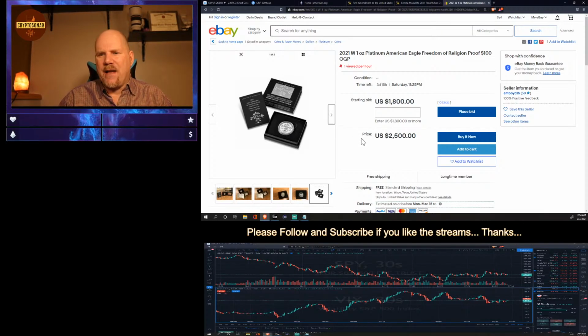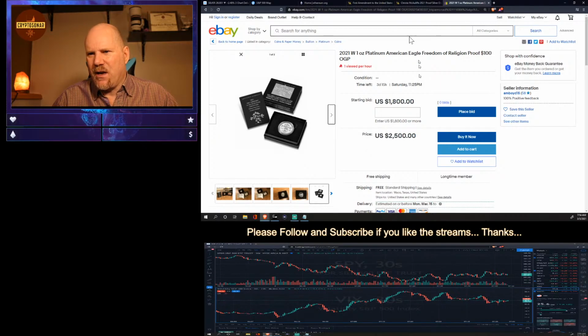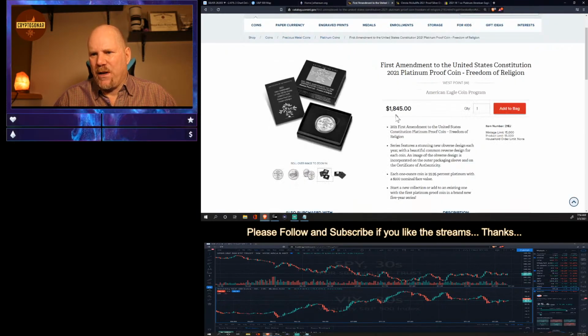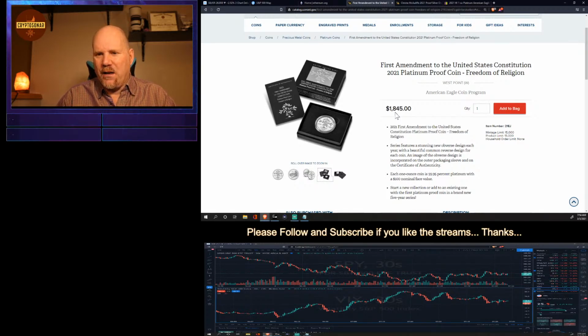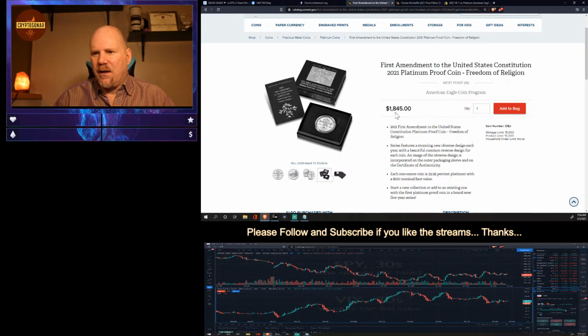See, on February 10th, this coin was $1,645 on the US Mint site. On February 11th, when the US Mint released the 2021 reverse heraldic Liberty proof coin of the silver dollar, this coin went from $1,645 to $1,695 the next day.